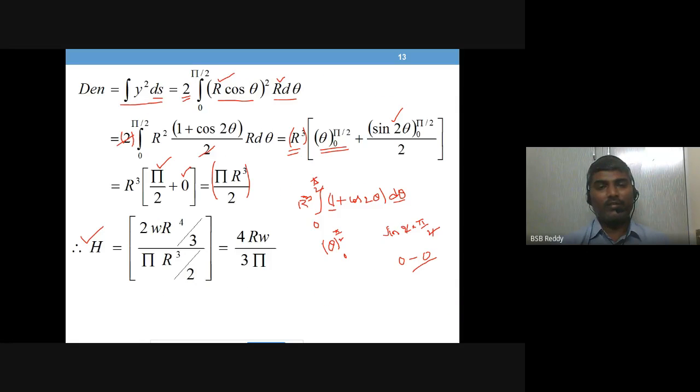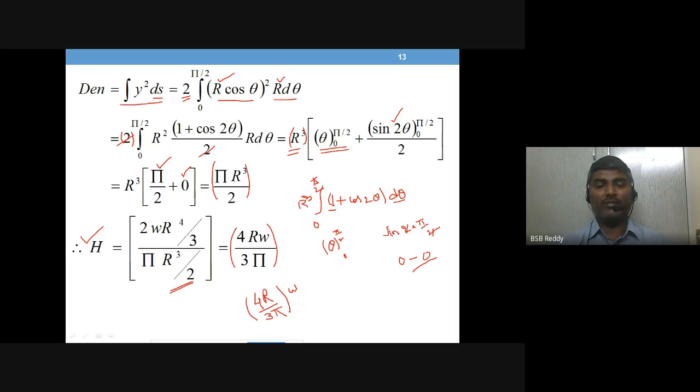Denominator is again pi r cube by 2. So what finally you get is 4r by 3 pi into w. Geometry and load I have separated.